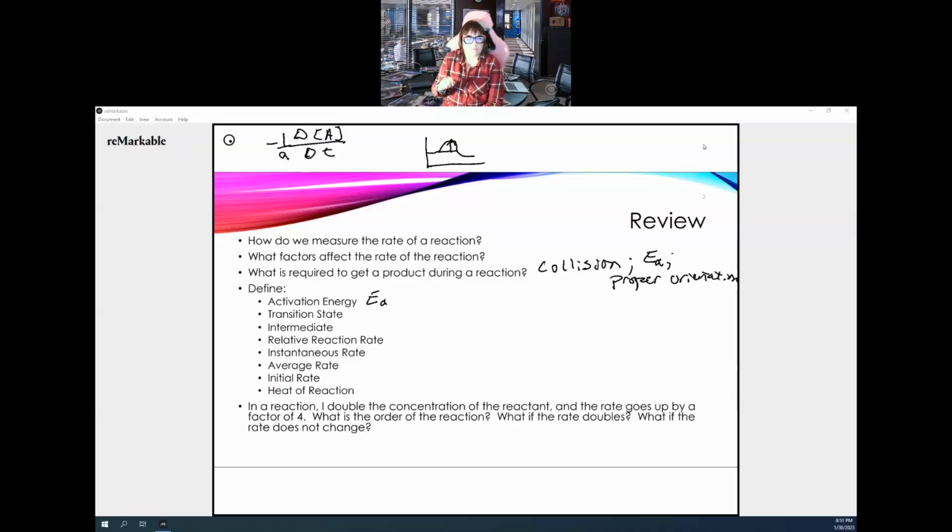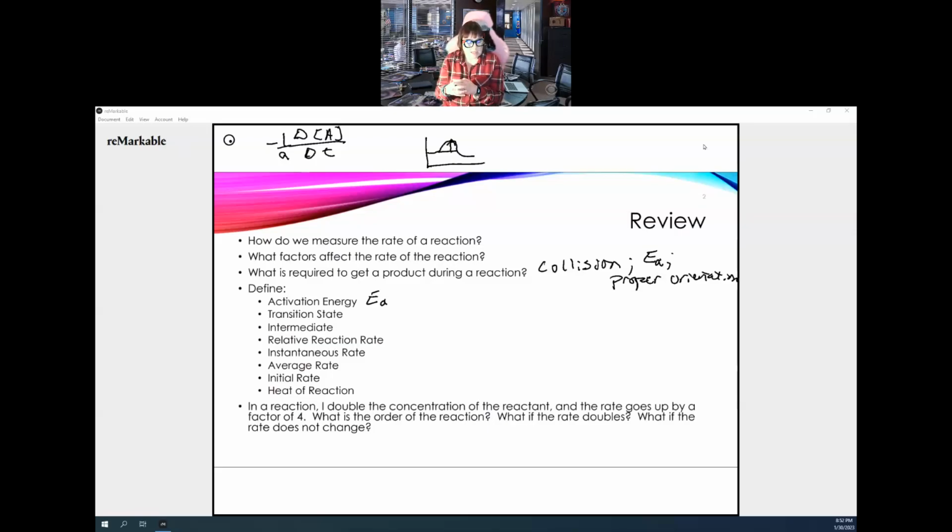We can also call it the activated complex. It is a transient species that we cannot measure, partway between reactants and products. It's neither one of them; it's partway in between.